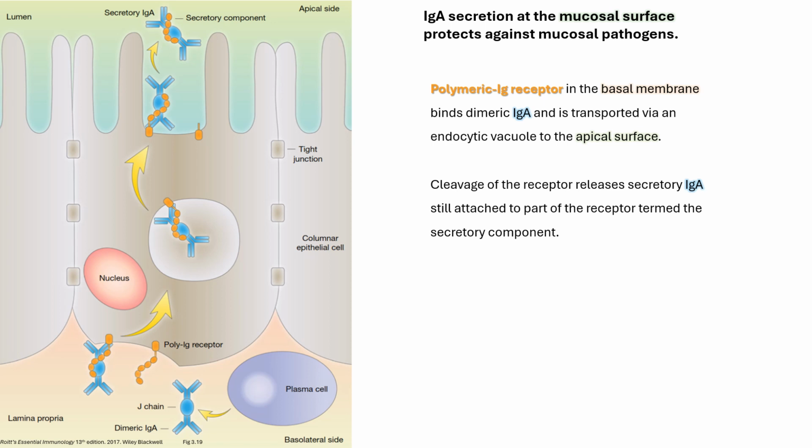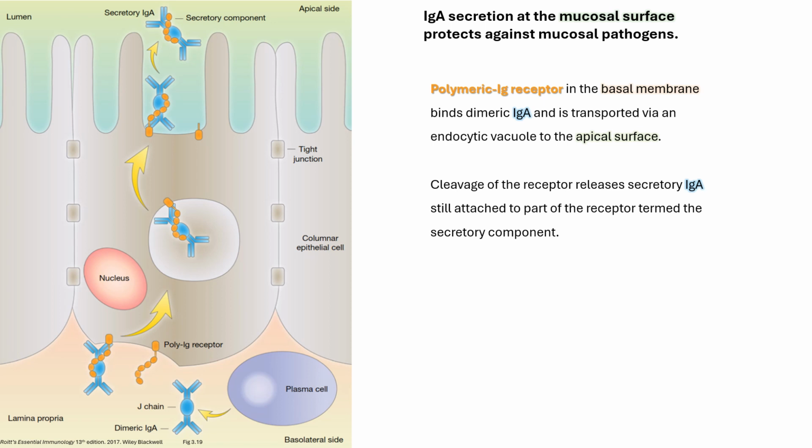And the first step in this is the capture of IgA, which is dimeric, joined together by a J chain, as we saw before. And this capture is mediated by this Fc receptor called the polymeric Ig receptor. After binding, then the receptor-mediated endocytosis takes place.